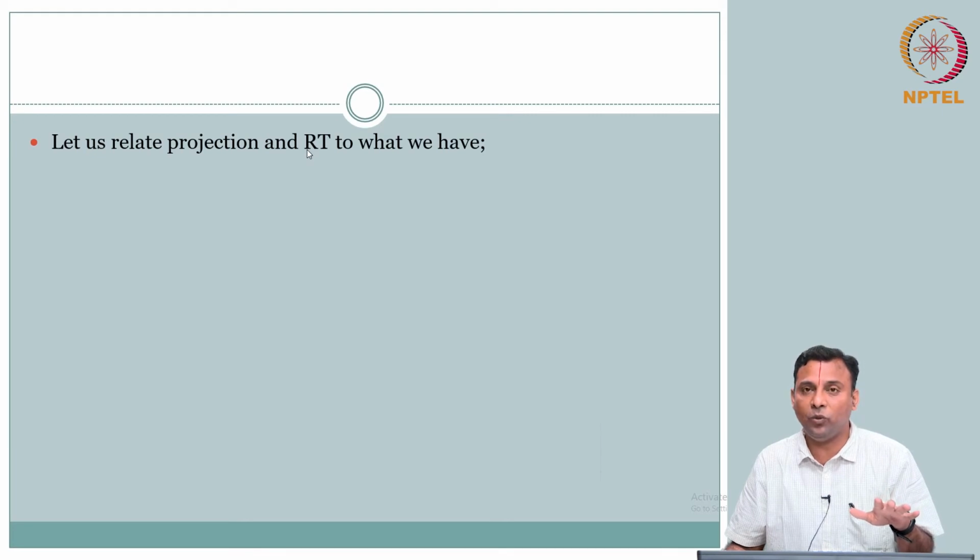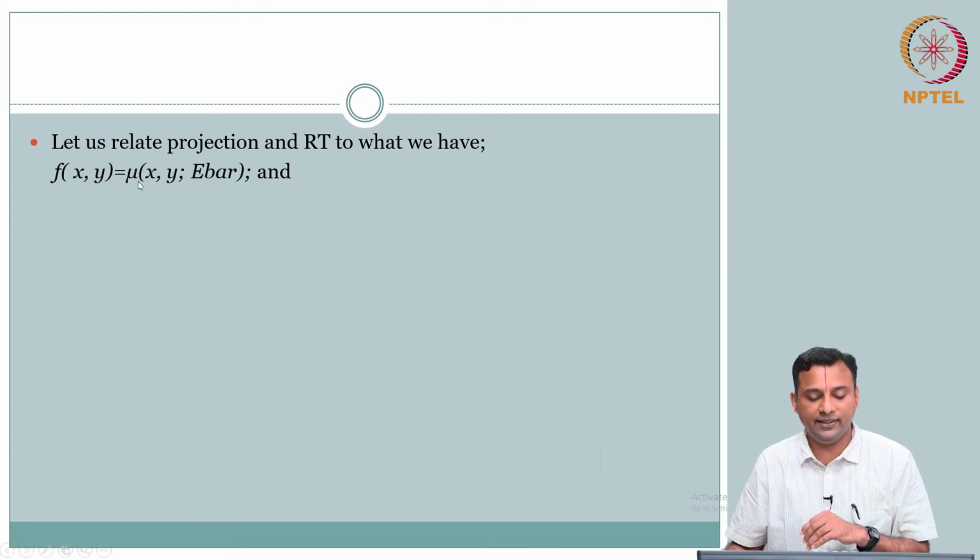Let us now see why that radon transform idea is applicable to the CT problem proposition. So f of x comma y is your mu of x comma y, right. You can see that in our context we have mu of x comma y, which is similar to the f of x comma y that was shown.